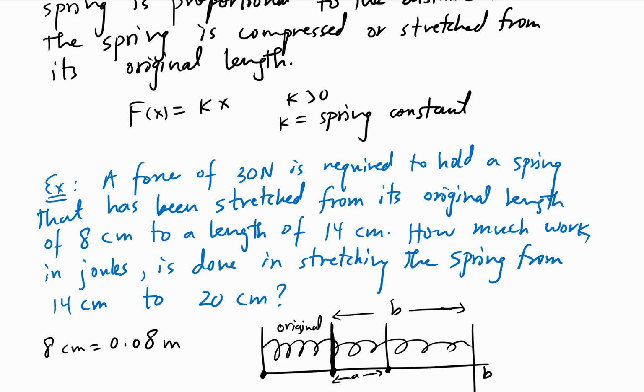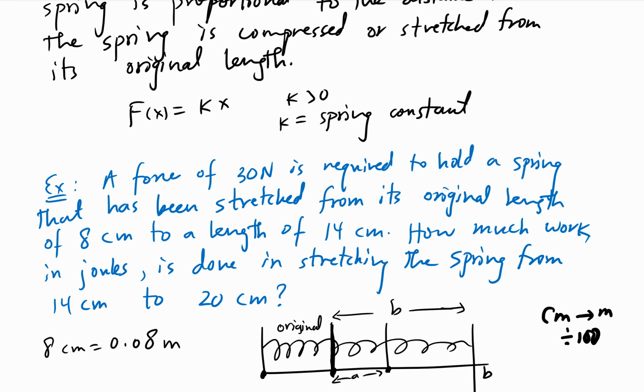So notice we need to convert the centimeters to meters by dividing by 100. To convert from cm to meters, divide by 100. So the 8 becomes 0.08. And then what is A here? Remember how the original length was 0.08.